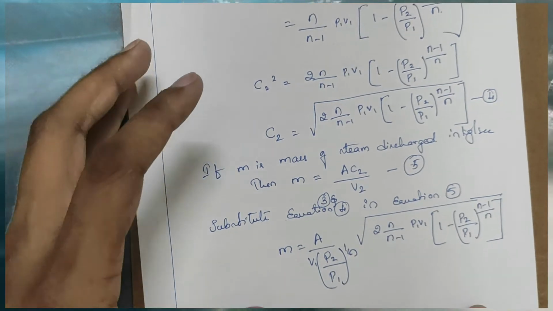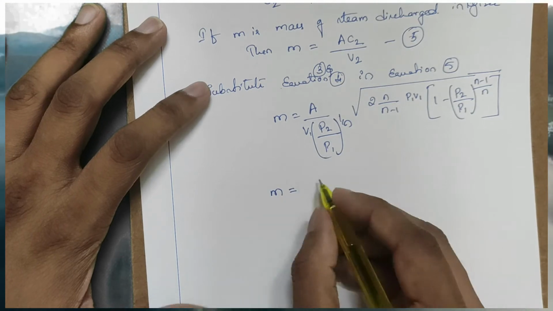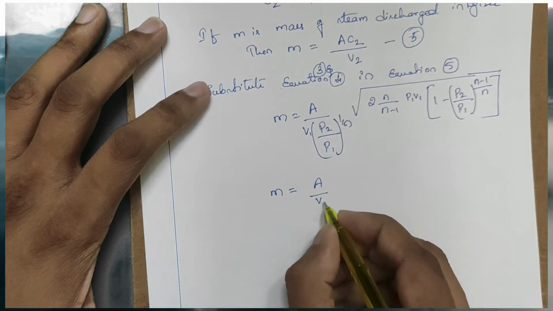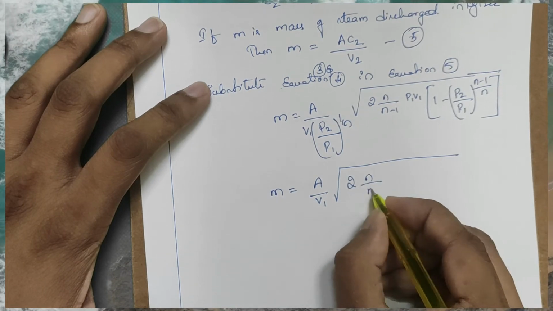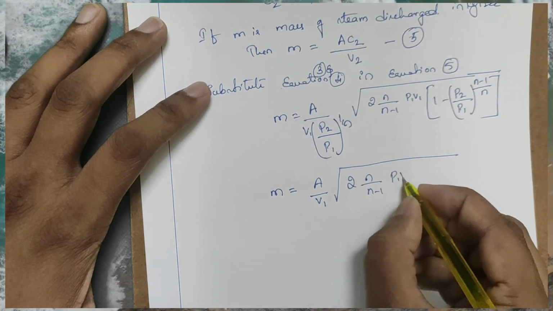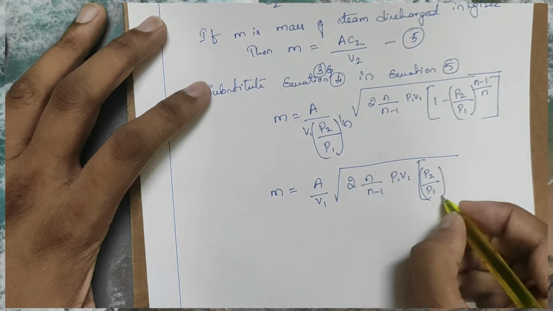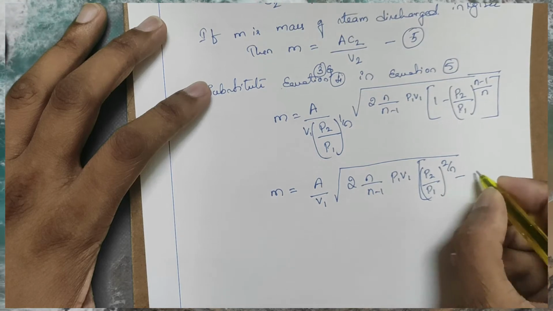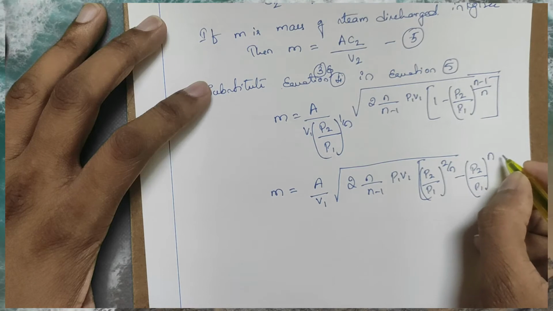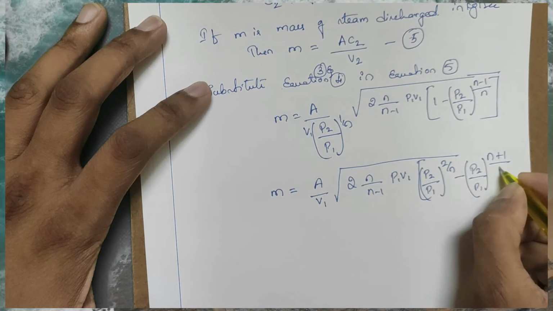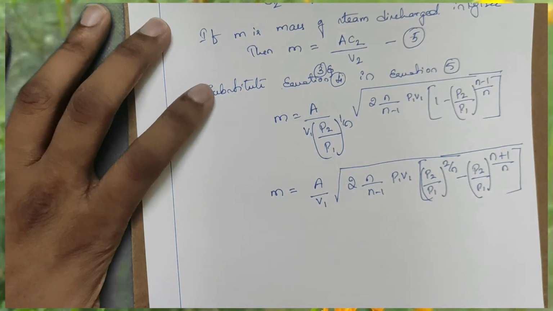Now you have to simplify. By simplifying you'll get A by V1 into the square root of 2 into n by n minus 1 into P1 V1 into (P2 by P1) power 2 by n minus (P2 by P1) power n plus 1 by n. Okay, if you simplify you'll get this.